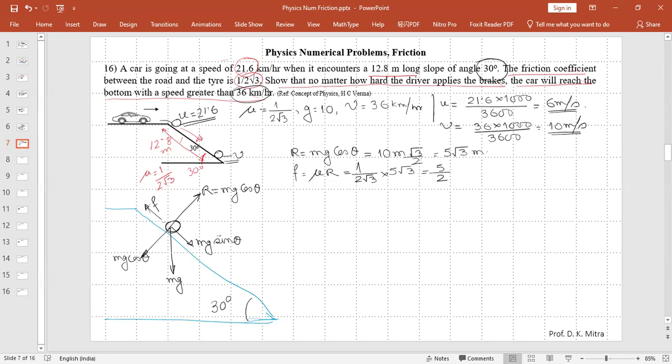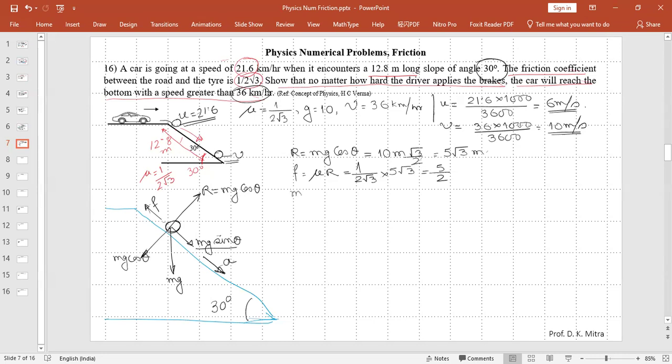So we have found F. Now we equate the forces along the motion of the car. Say the car comes down with an acceleration of A. As we said earlier, you first write the force which is towards the acceleration.